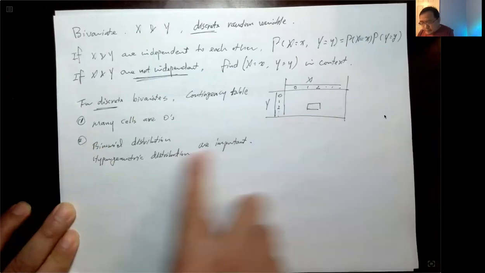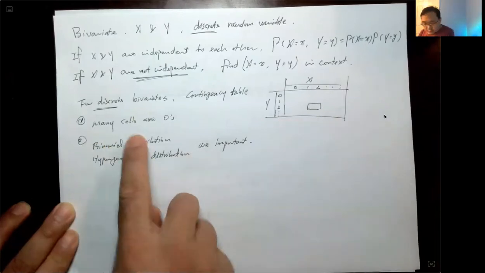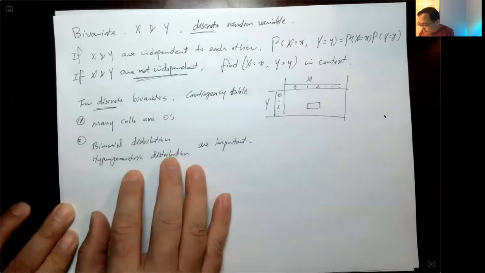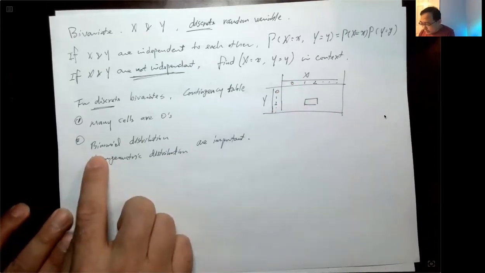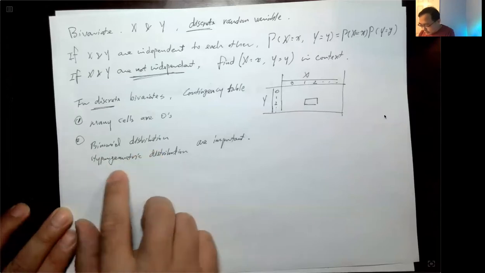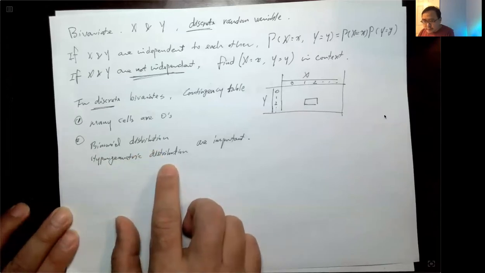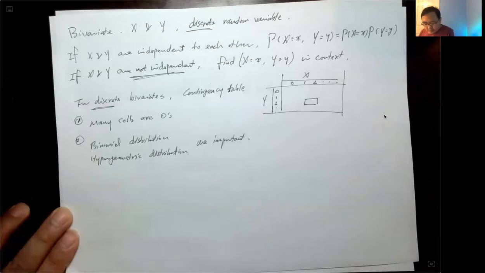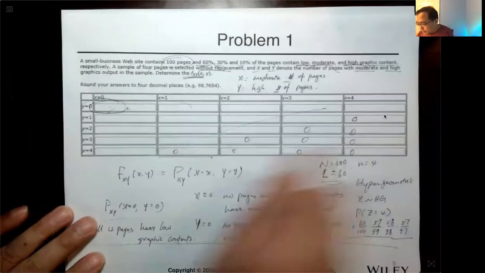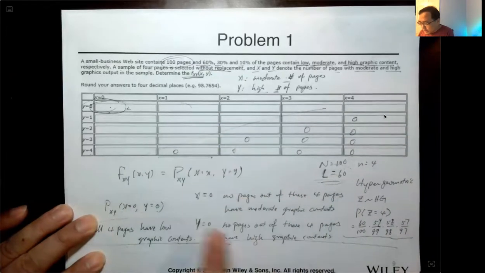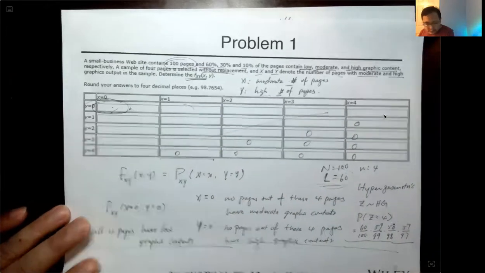on this table, you will find that many cells will be 0, and for other cells, the binomial distribution and hypergeometric distribution typically are very important, and in our problem one, the hypergeometric distribution is important.